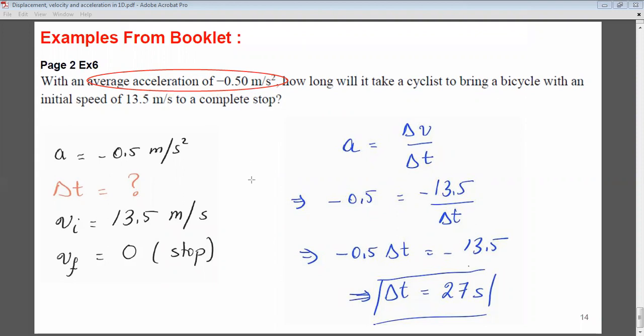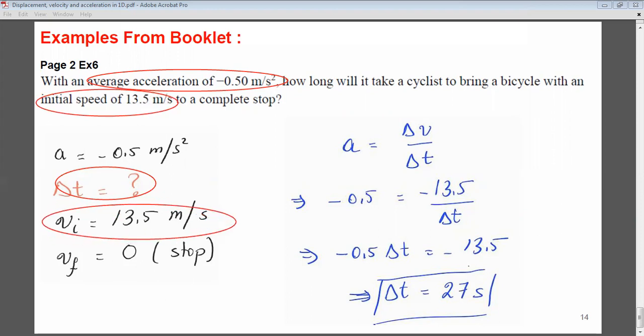Decelerating means it's speeding down. يعني بلشت بسرعة كبيرة وبلشت يبطئ. How long, مثل السؤال اللي قبله، يعني بدي اجيب delta T. Will it take a cyclist واحد عم بيسوق بسكليت to bring a bicycle with an initial speed of 13.5 meter per second, so this is the initial speed, to a complete stop.